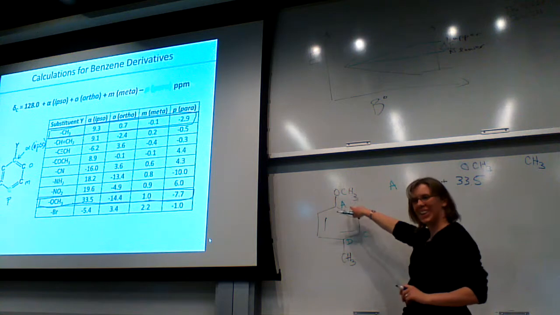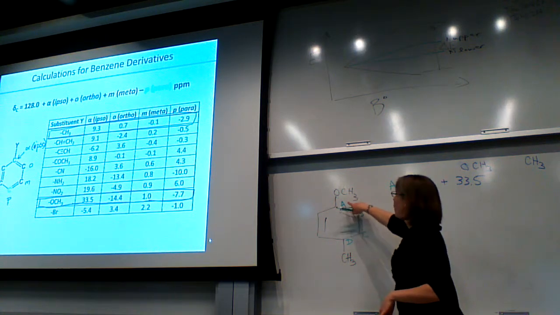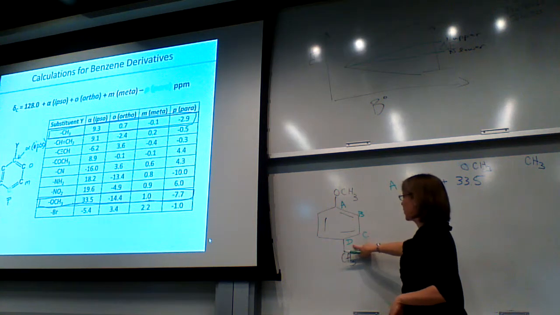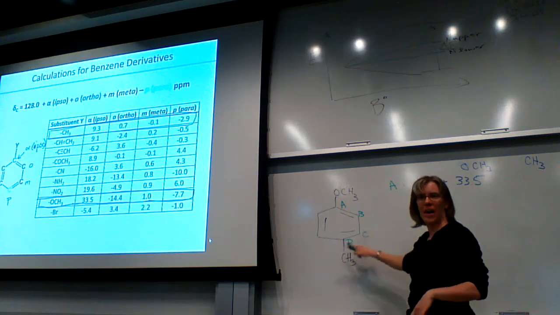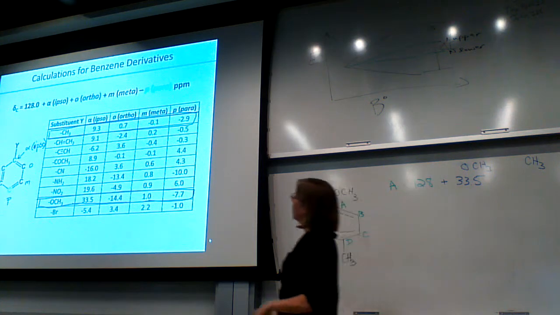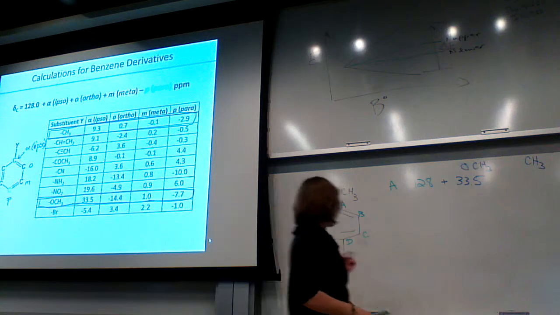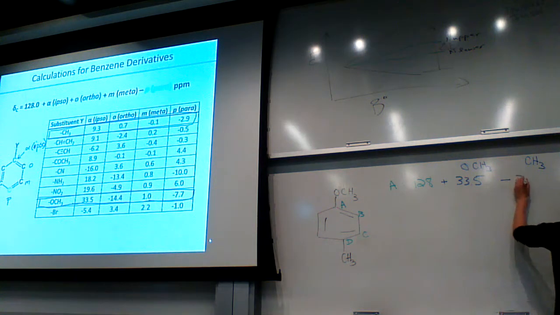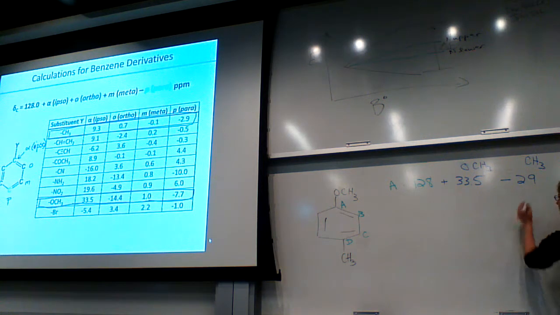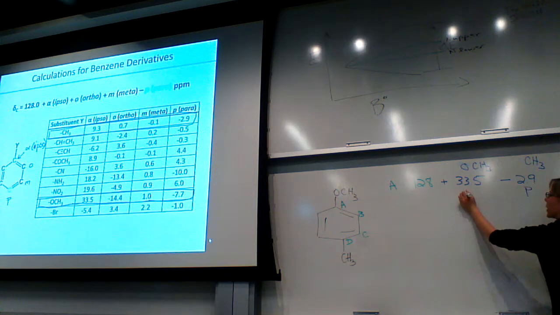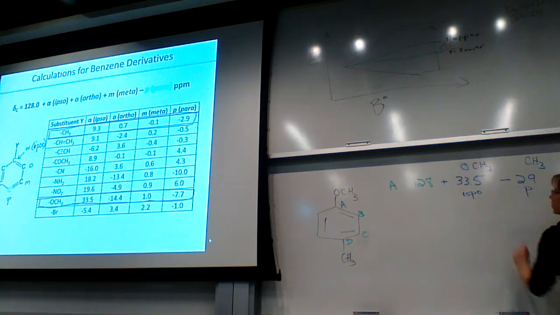For carbon A, there is going to be a methyl group that is para. And so we need to add the para value, or in this case, subtract the para value. And I'm just going to label these as para and ipso so we can keep them straight.